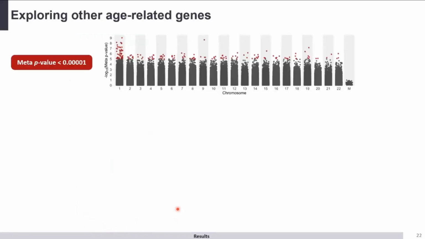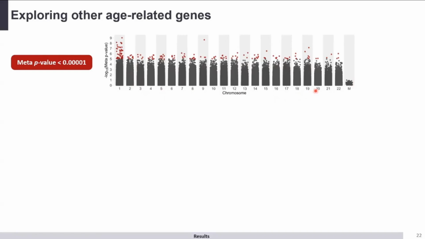With this approach, we successfully identify many CpG sites that exhibit highly significant correlation with age, as indicated by the red dots here, where we apply a meta p-value cutoff of less than 0.00001.